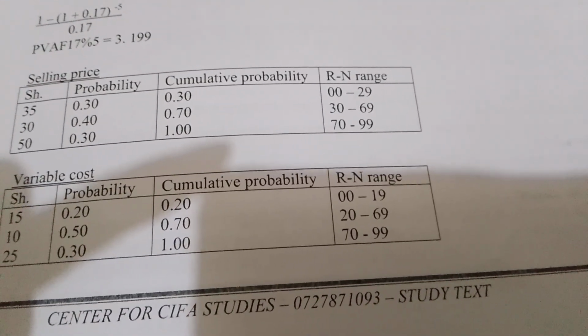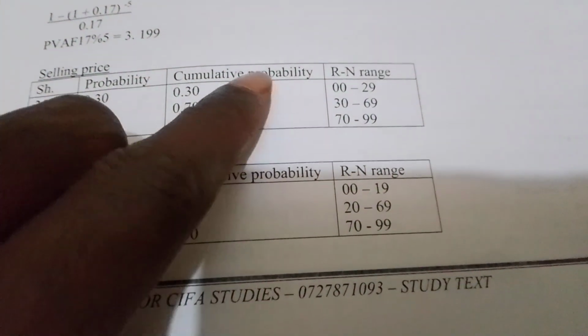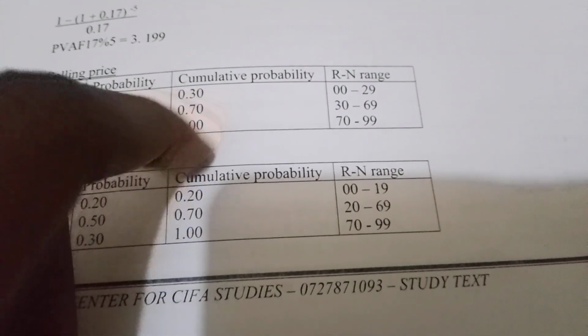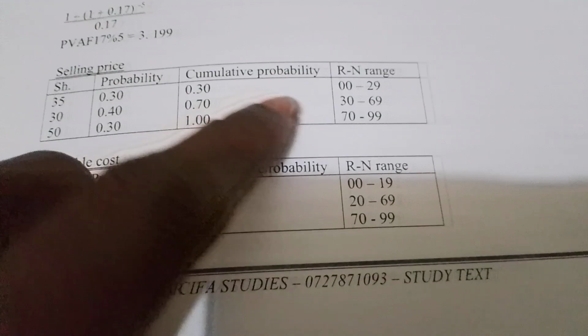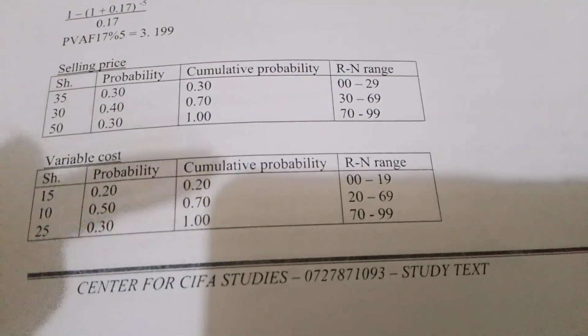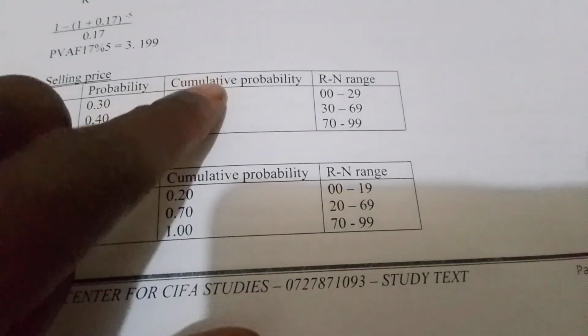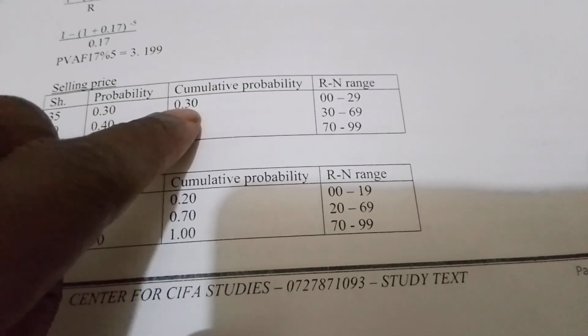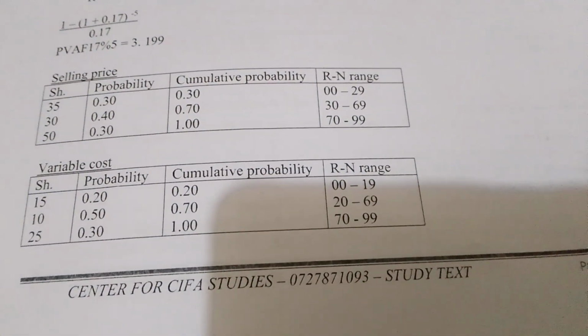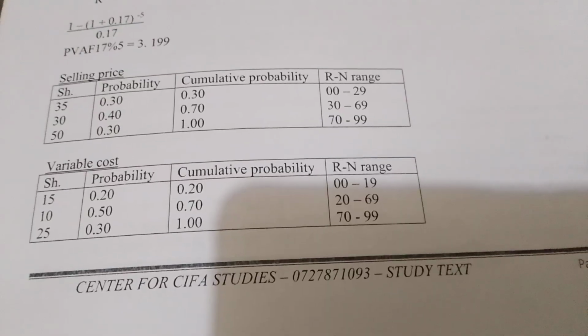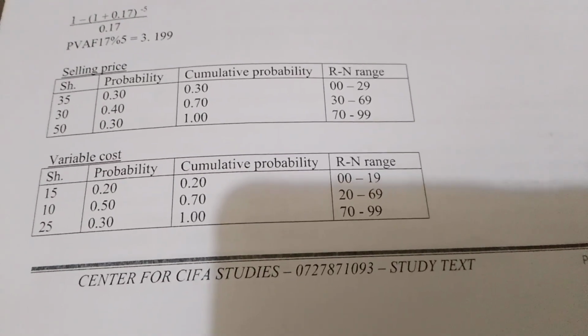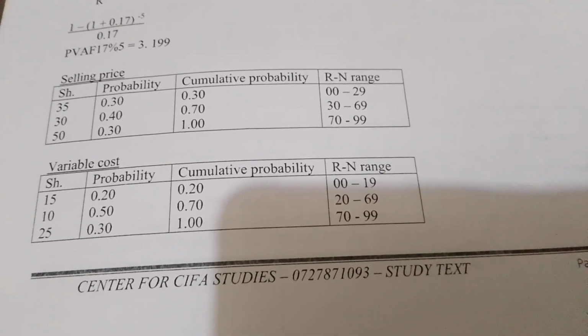Now these numbers are in hundreds. So if you want to understand this faster, we have the upper limit and the lower limit. Because these numbers are in hundreds, your upper limit, you just minus 1. To get the next lower limit, you plus 1.